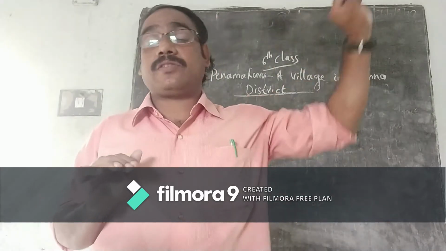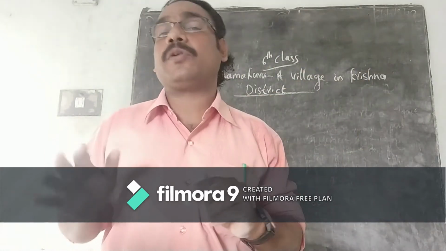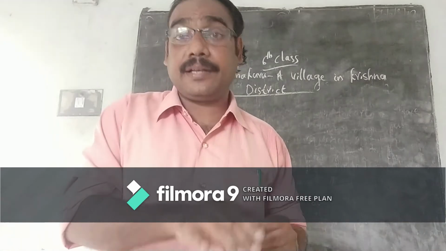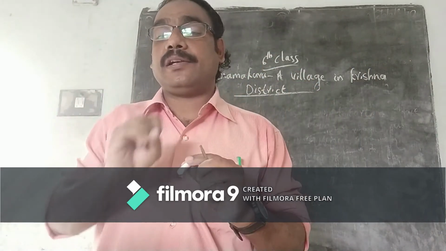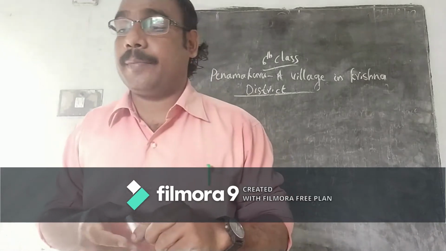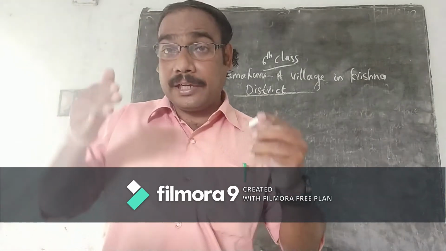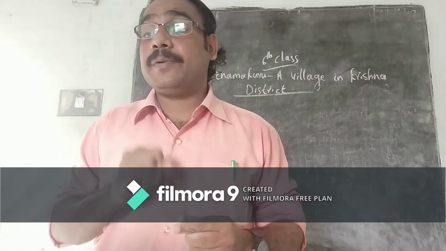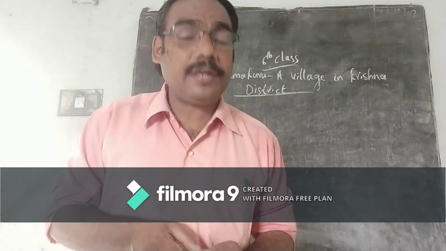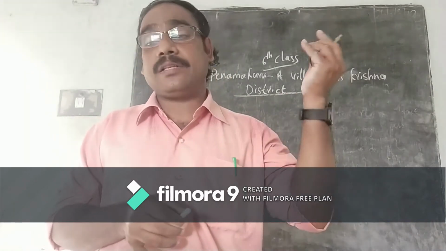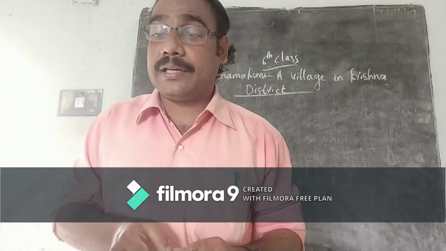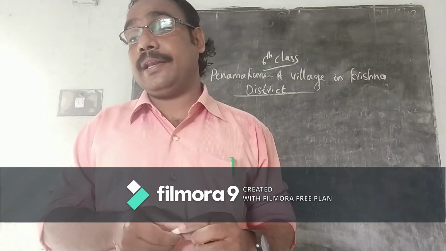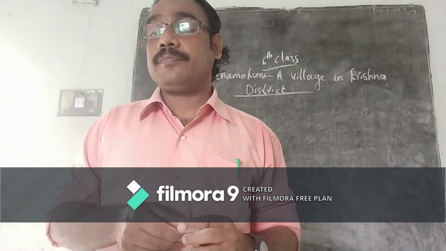As the upper lands of this Penamakuru village are not able to get sufficient water through irrigation, in olden times the farmers cultivated these three: red gram, green gram, and millets. But at present, vegetables and sugarcane are being grown in this area.